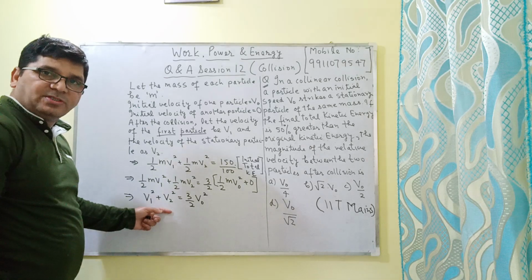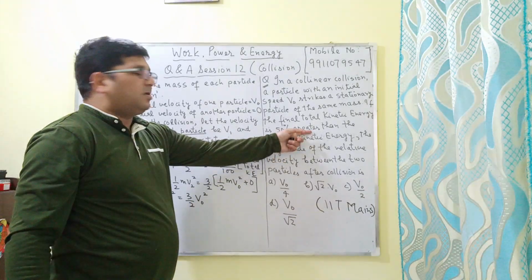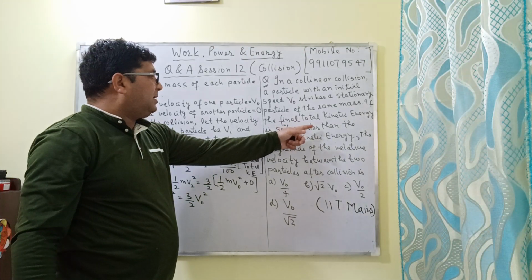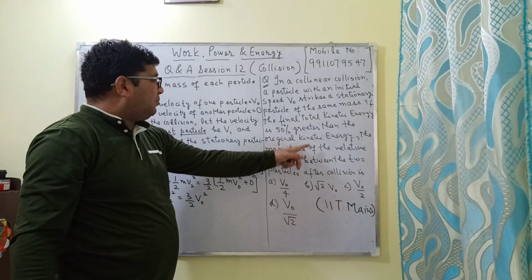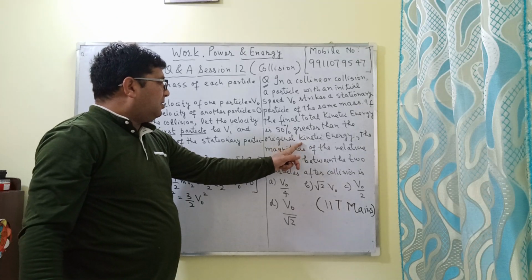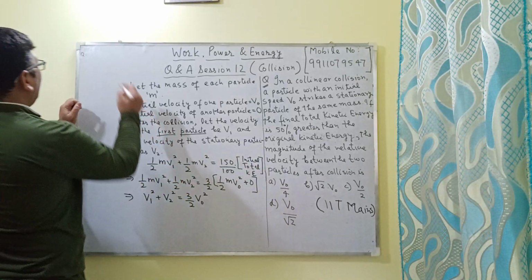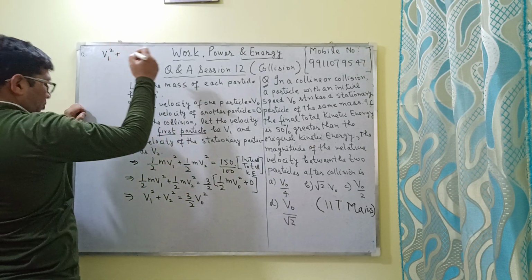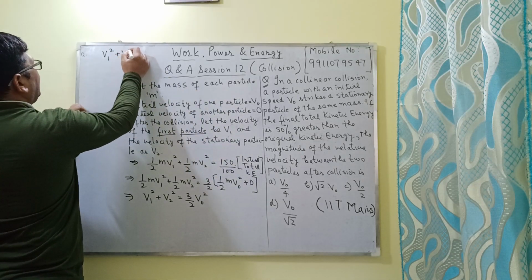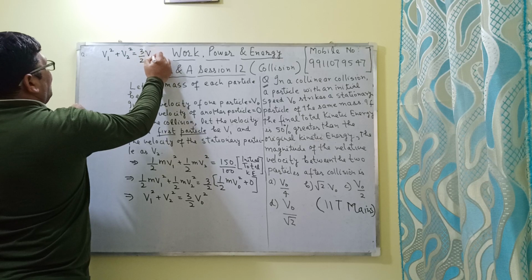This is the first equation which I have got based on the condition that the total kinetic energy after the collision is 50% more than the total kinetic energy before the collision. I will now write this equation on top of this board: v1 square plus v2 square is equal to 3 by 2 v naught square.